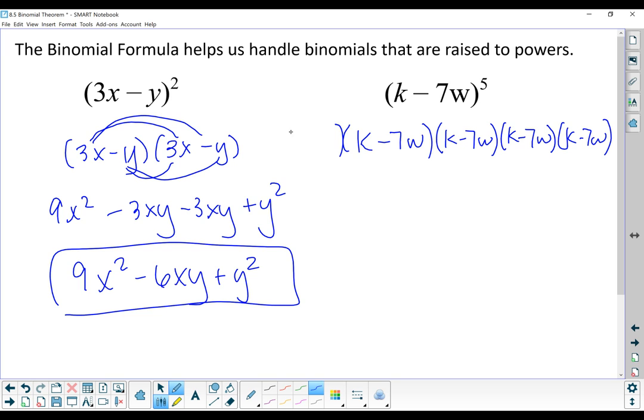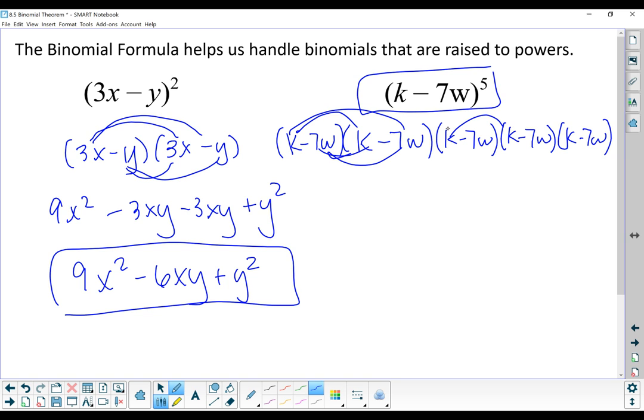You just have to do it bit by bit, distributing as you go, and it would not be easy. So the binomial theorem gives us a tool to expand this binomial to the 5th power without having to distribute and then keep distributing, getting your answer straight from the original expression.